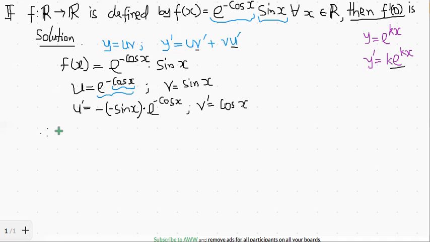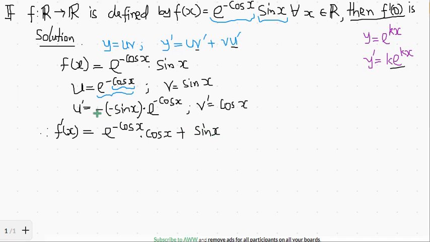So therefore, f prime of x is equal to u. U is e to the power of negative cos x, times v prime, that is cos x, plus v, which is sine x, times u prime.